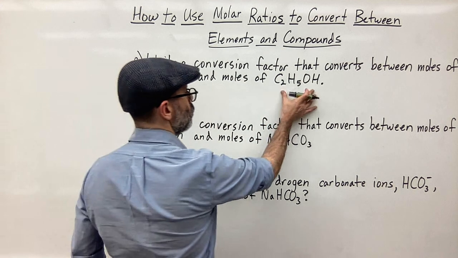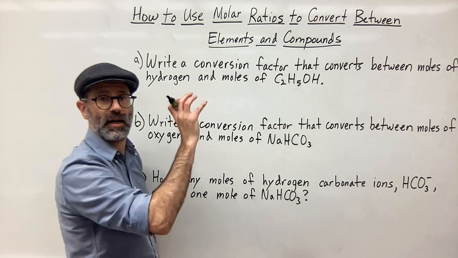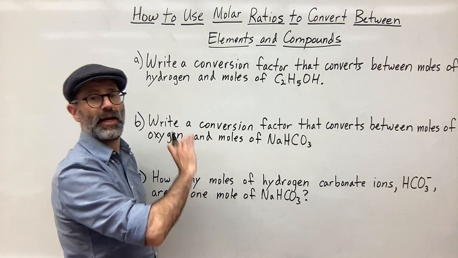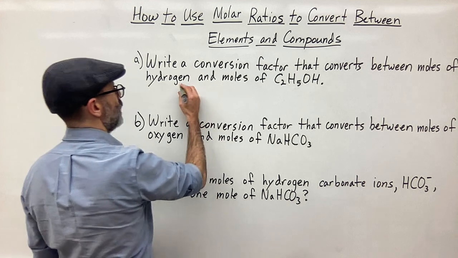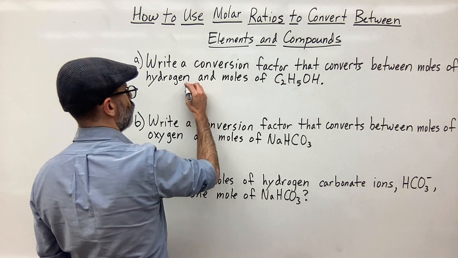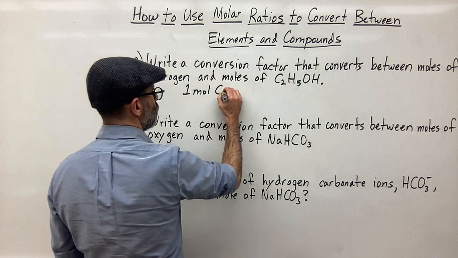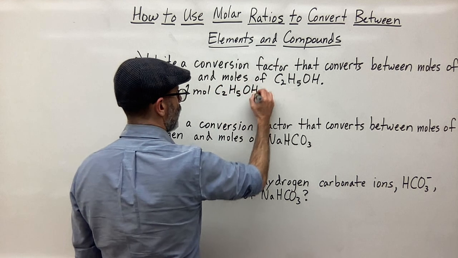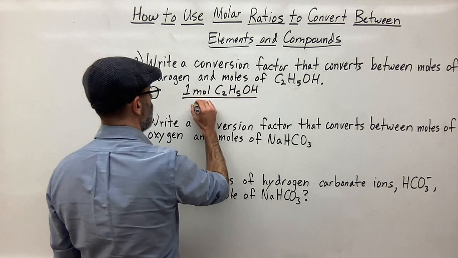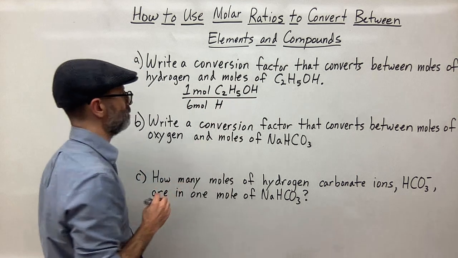So the mole ratio comes directly from the ratio between the element itself and the whole formula. So in this case, the mole ratio is going to be, for every 1 mole of C2H5OH, I'm going to have 6 moles of hydrogen.